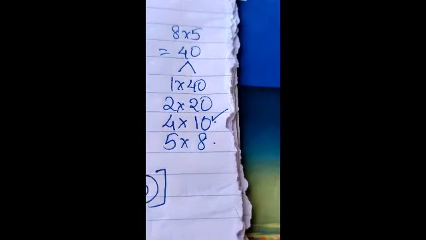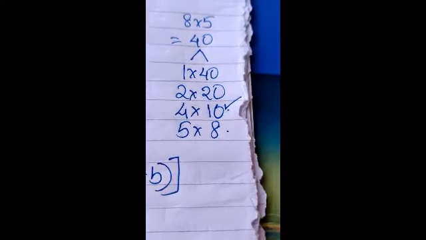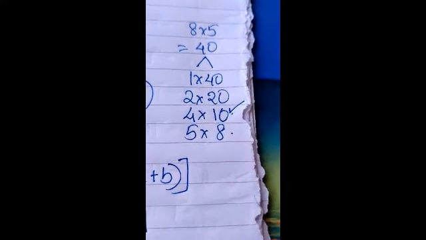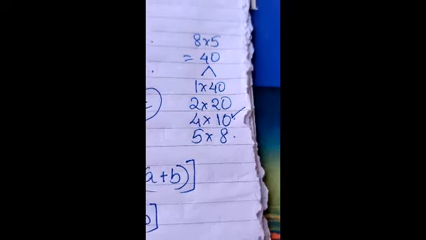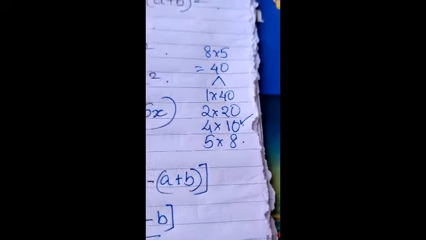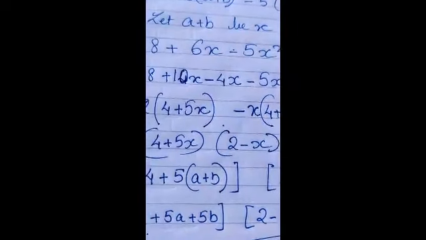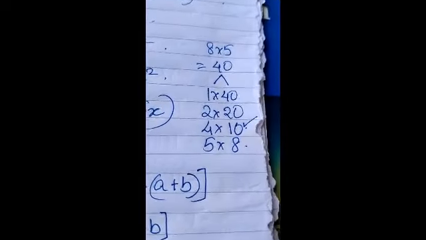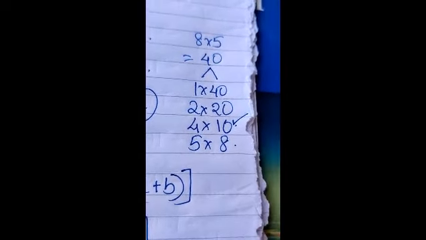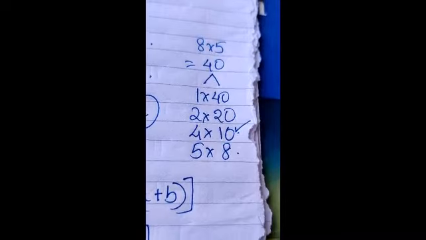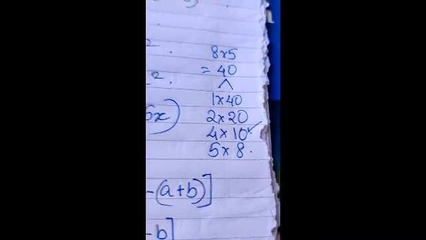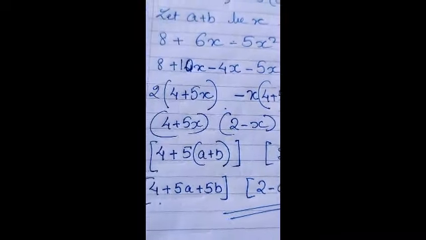So we have 8 into 5 as 40. We find the factors. We have 1 into 40, 2 into 20, 4 into 10, 5 into 8. But our middle term is 6. So we will choose the pair 4 and 10. Because if we subtract 4 from 10, we get 6 as the answer.